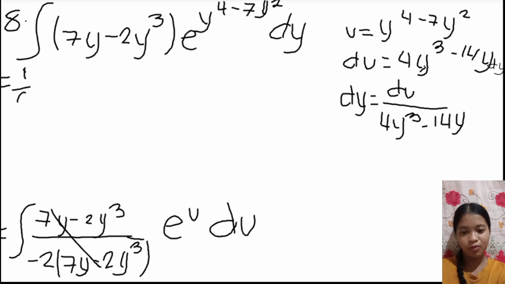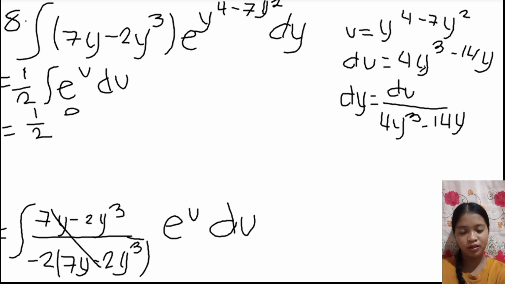So we can now cancel out the 7y minus 2y cubed. So we're left with 1 over negative 2, or negative 1/2. Then just copy the e raised to the power of u du. So now we're going to integrate it. So negative 1/2 e to the u plus c, because the integration of e to the u is still e to the u and you cannot move it.